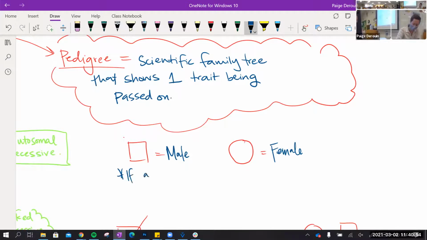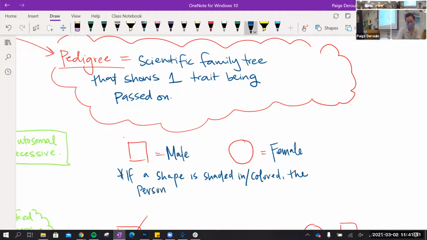So if a shape is shaded in or colored, the person has the trait. And that is important.